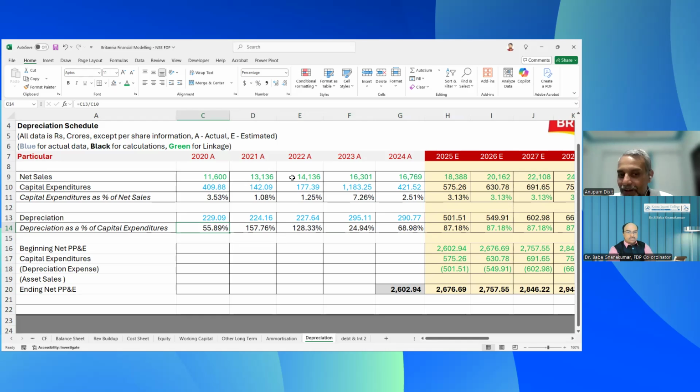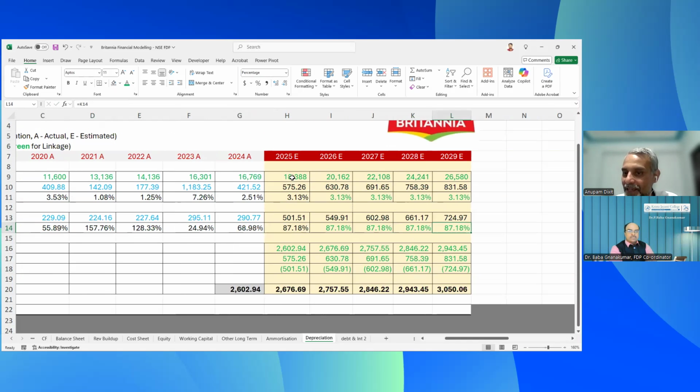Now, the normal logic should be that we should remove these outliers, right? 157 and 128. But again, there is a 24% outlier, right? Now, if we remove all the outliers, there is nothing remaining here, right? So in this case, we have again used the average of all these values, and calculated that as the depreciation as a percentage of capital expenditure for future years.